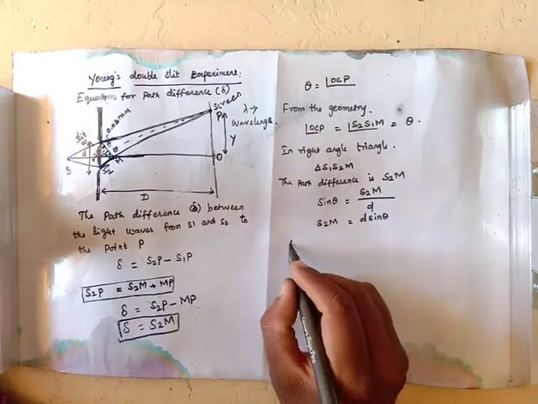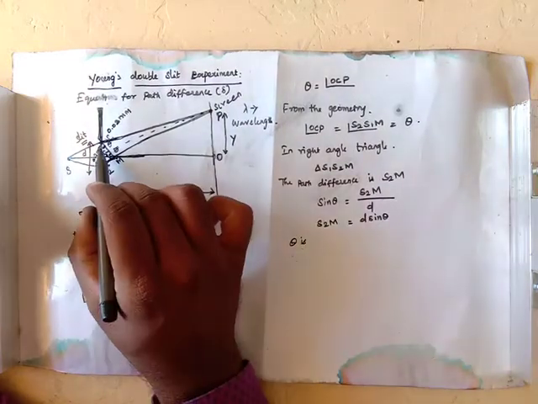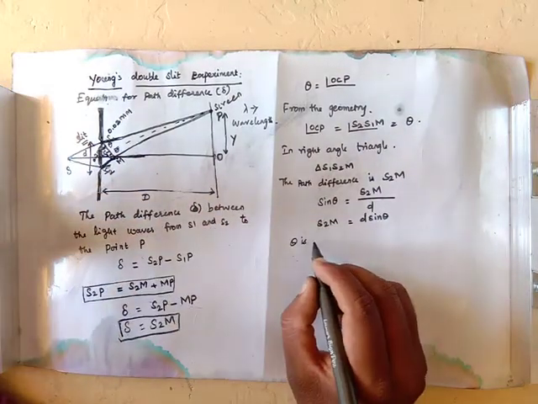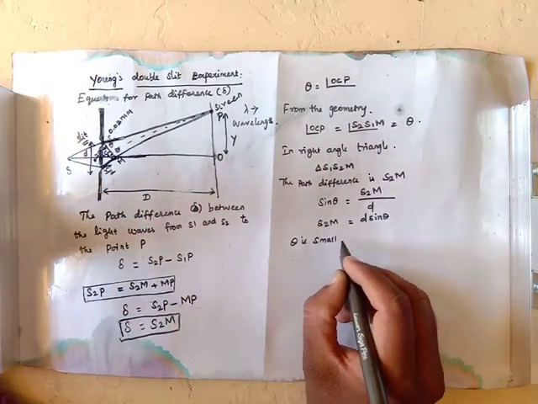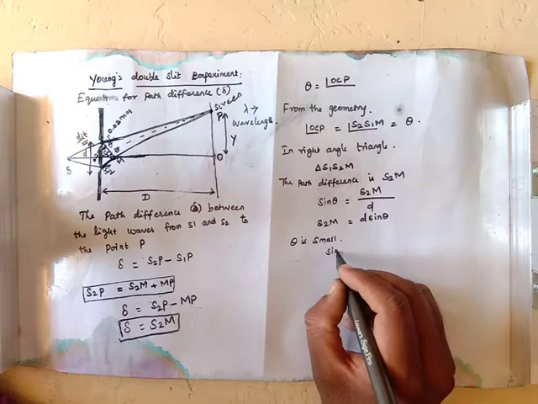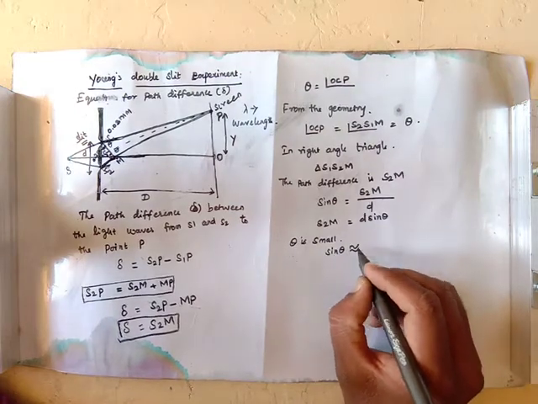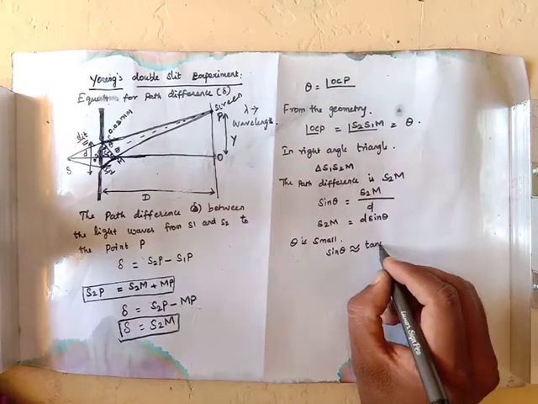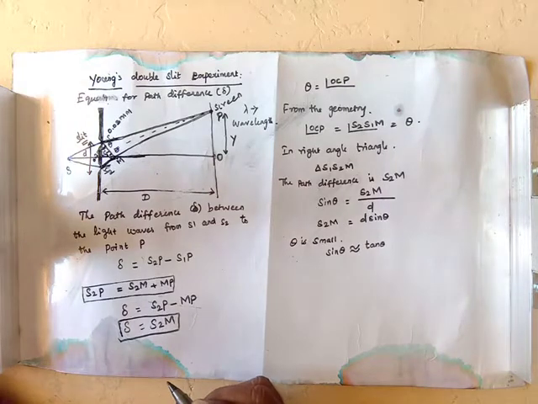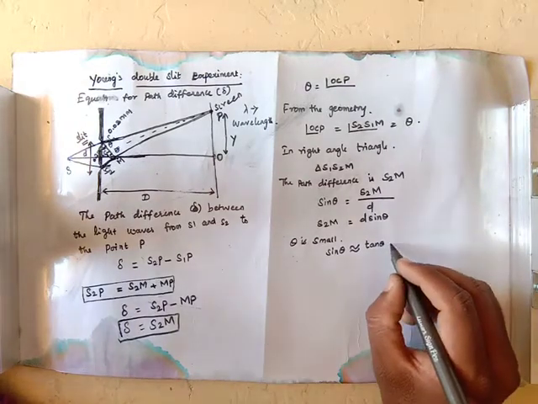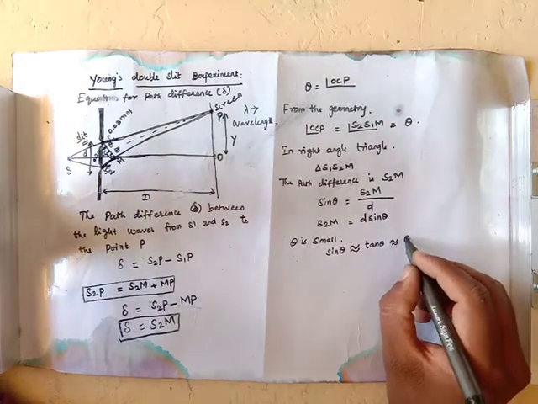Here theta is a small value. If theta is small, we can write sin theta is approximately equal to tan theta, and it is also approximately equal to theta.